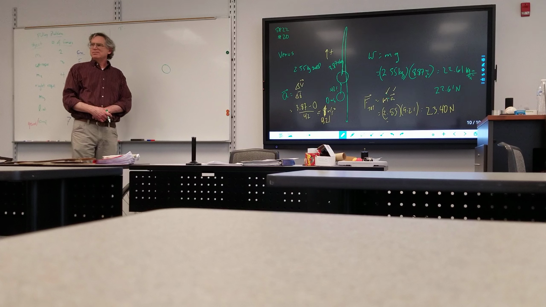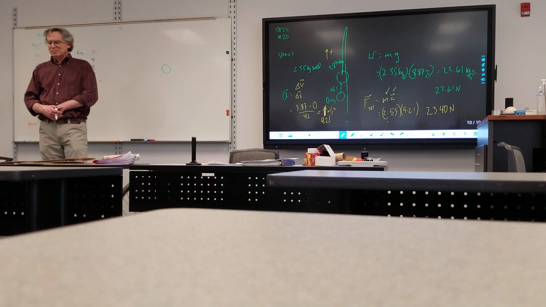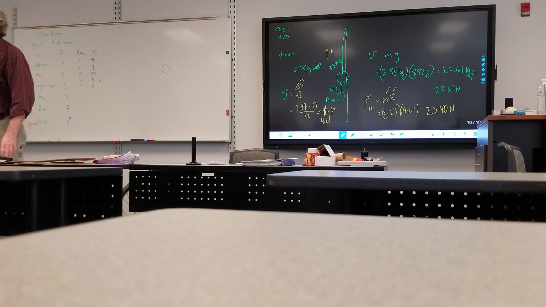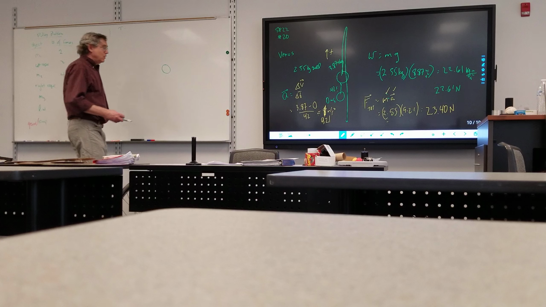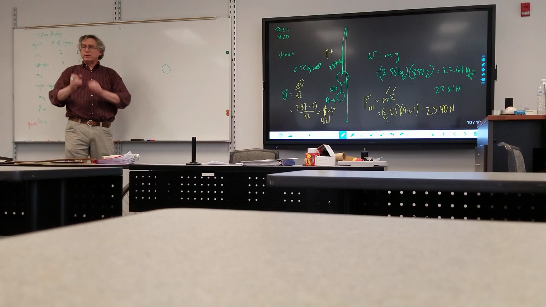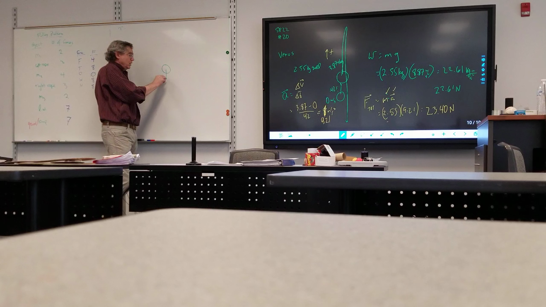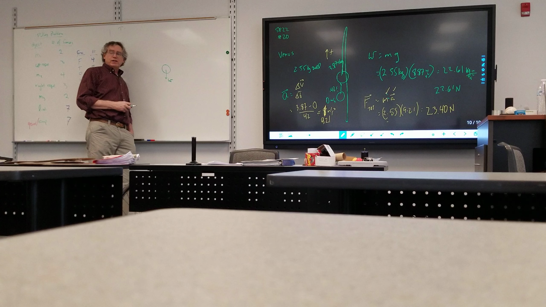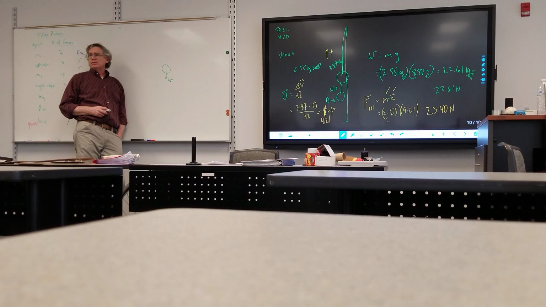Would it be weight? Yes, weight, or force due to gravity. Again, gravity is a huge topic of which we're studying just tiny little parts. All right, so we have weight acting down. What else is acting on the ball as it's being tossed upwards?